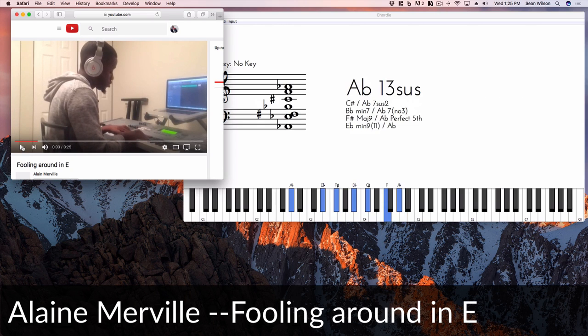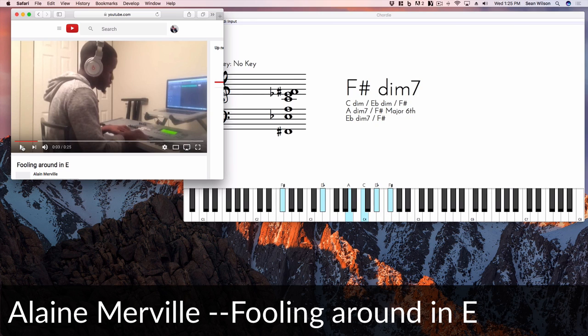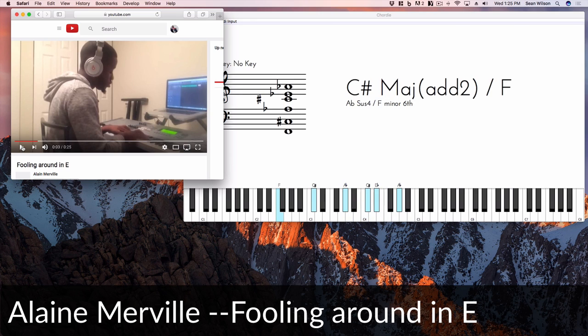See, and then I'm not hearing all sus. I'm hearing a diminished here, and then a sixth here or add two. And this is how I would voice it. But again, this has to be a chord I've played.